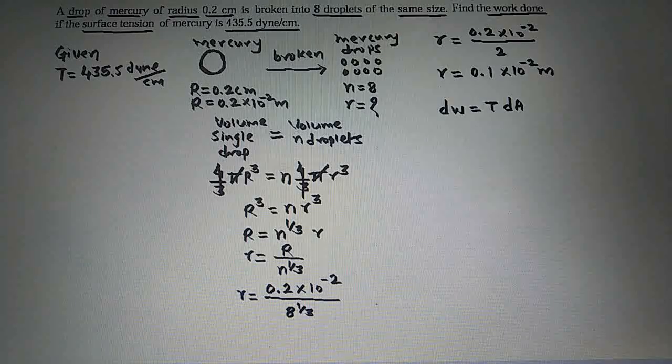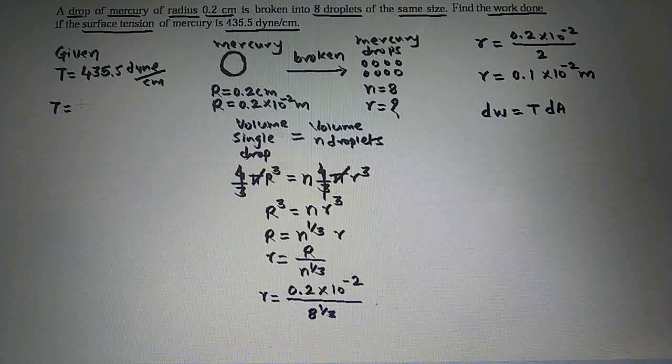So we have to convert this surface tension into Newton per meter. T, the surface tension, is equal to 435.5 into, 1 dyne is equal to 10 raised to minus 5 Newton, and 1 centimeter is equal to 10 raised to minus 2 meter.